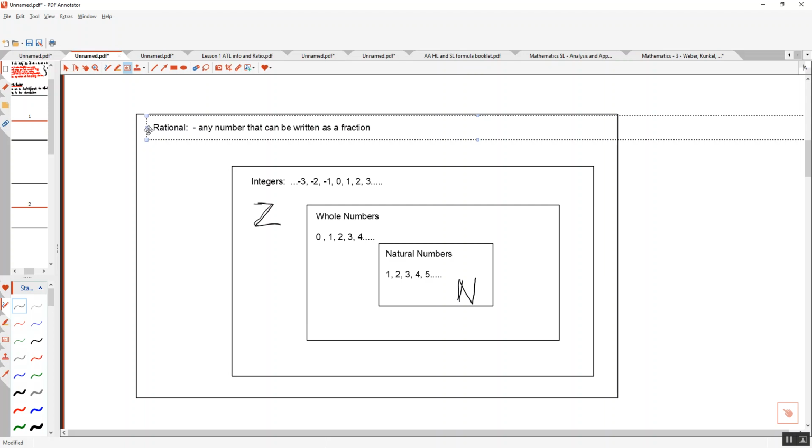What word in rational stands out? Ratio, right, okay, ratio. And ratio is kind of like another way of writing a fraction. If you have something in ratio, it's like a fraction.